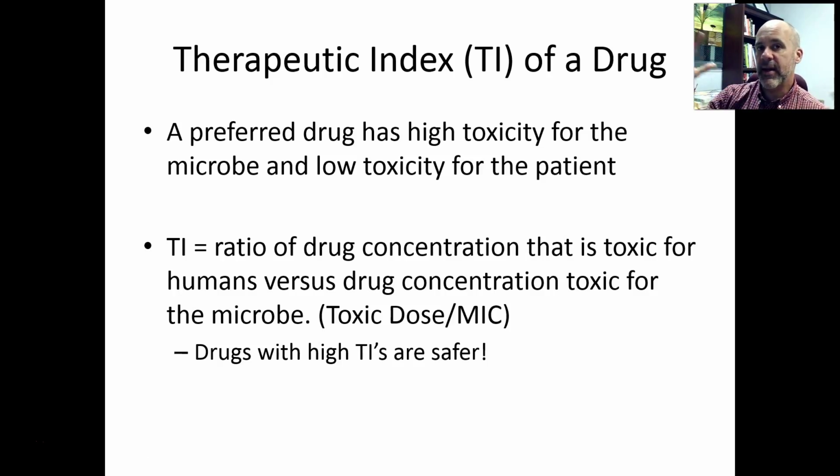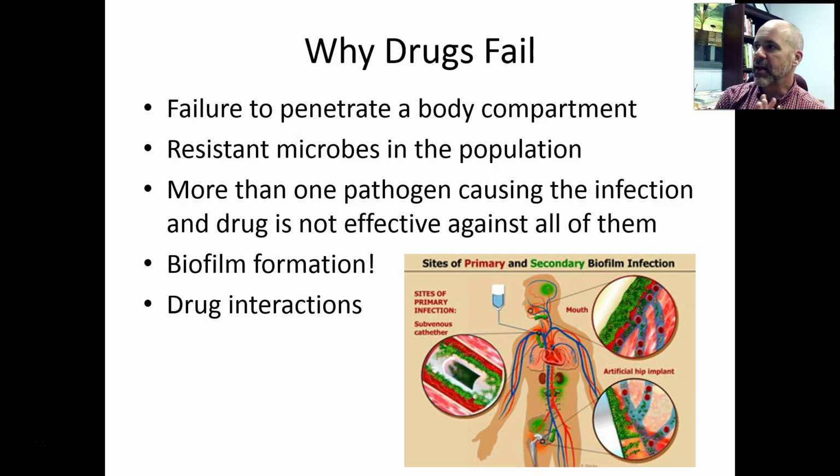So you want that number to be much higher for the human than it is for the microbe. Let's say you had a drug with a TI of 20. That means the concentration would have to be 20 times higher to harm the human patient than what is needed to harm the microbe. So that's called the therapeutic index. The higher the number, the better. That's going to let you know that that drug is safer.